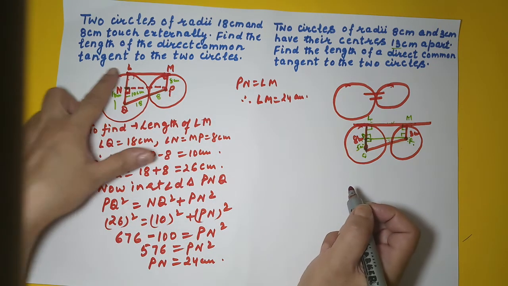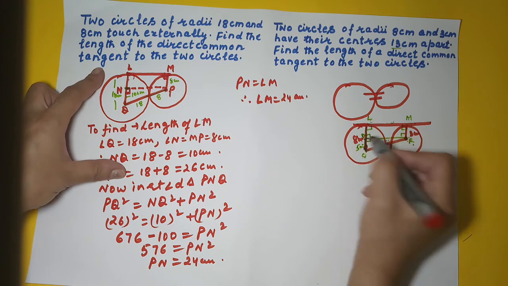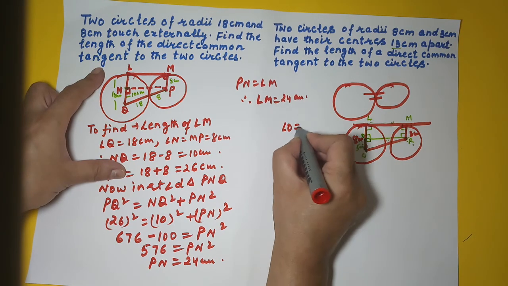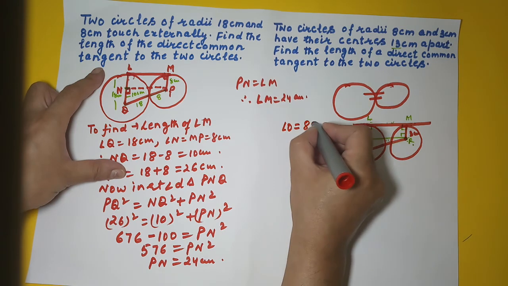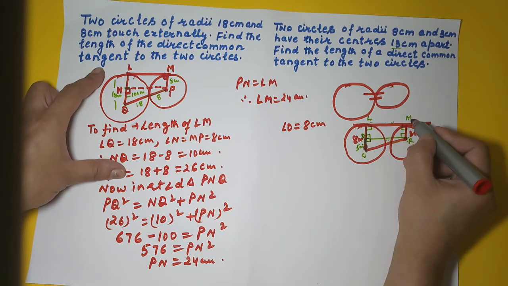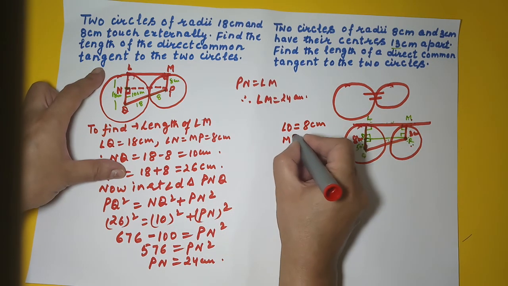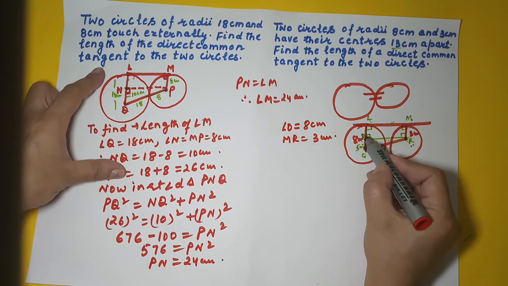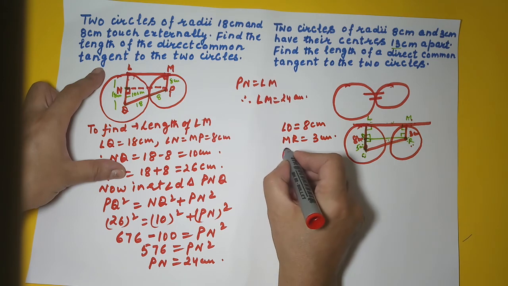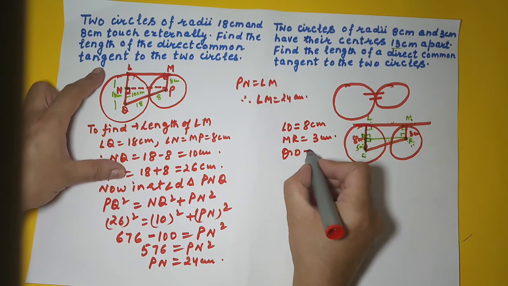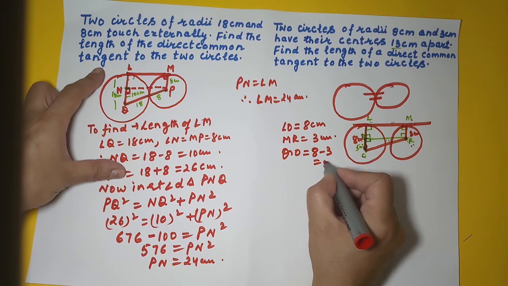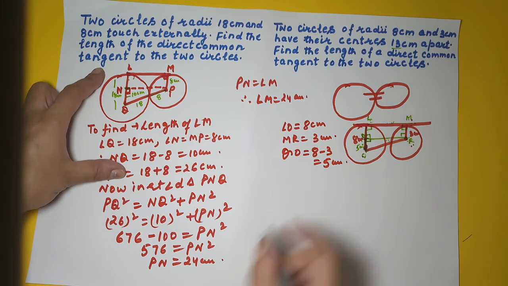We will say that LO is equal to 8 centimeters and MR is equal to 3 centimeters. Therefore, QO is equal to 8 minus 3, which is 5 centimeters, right?